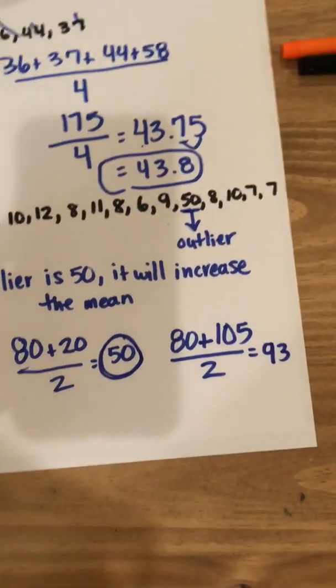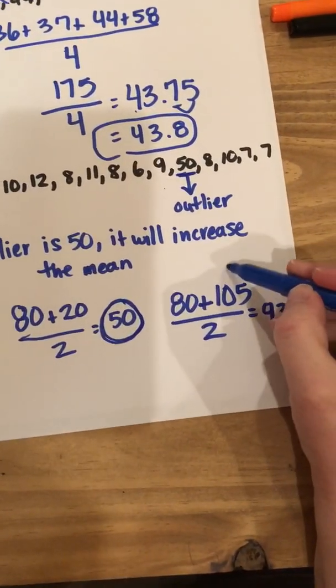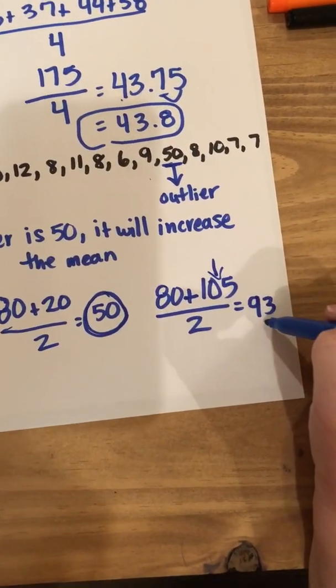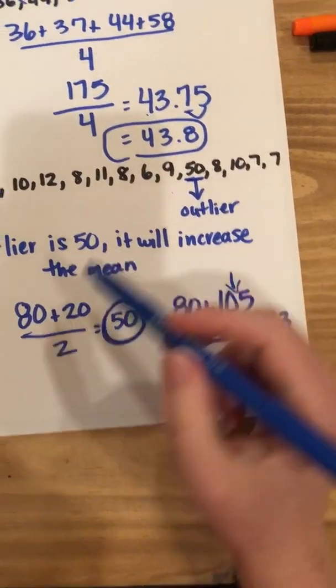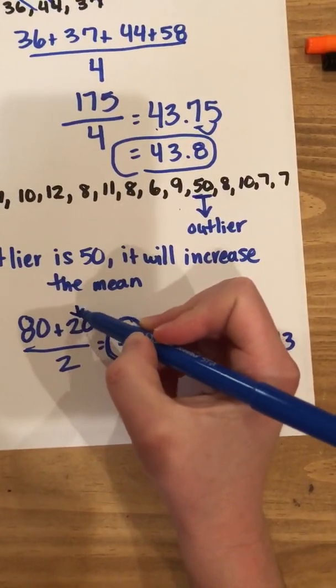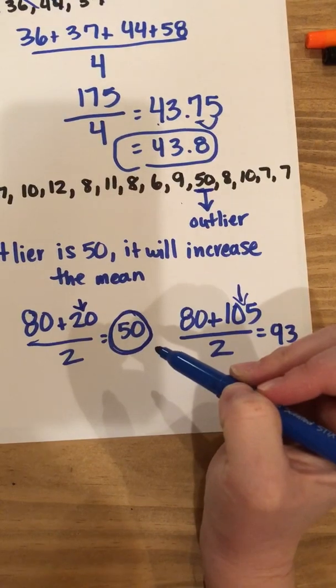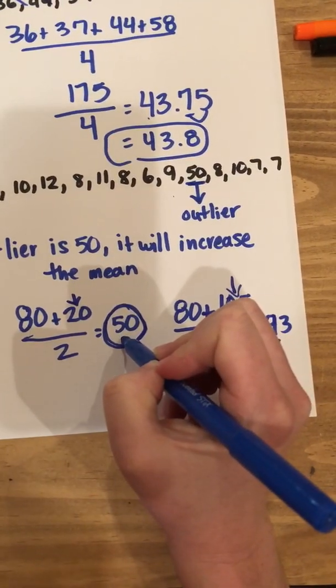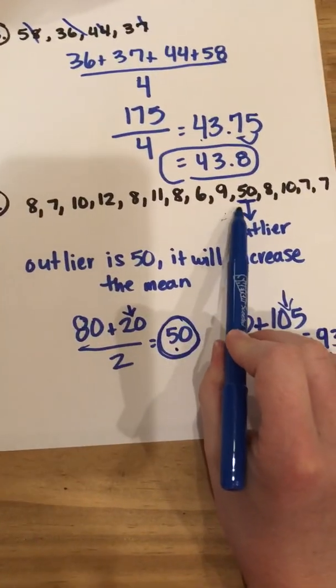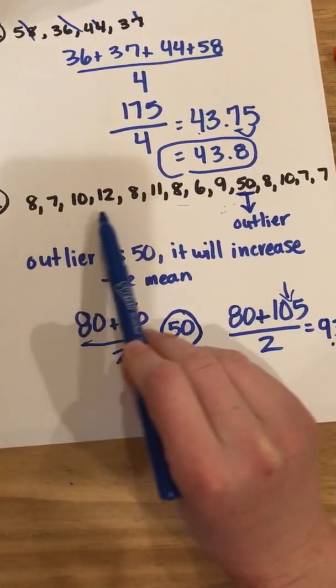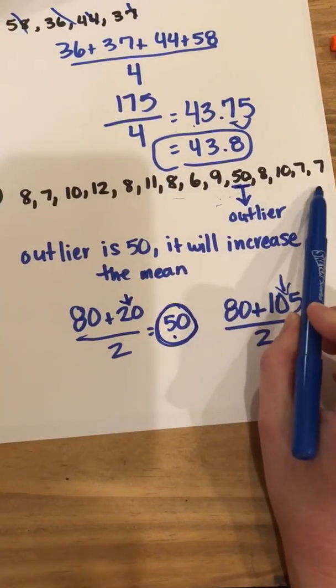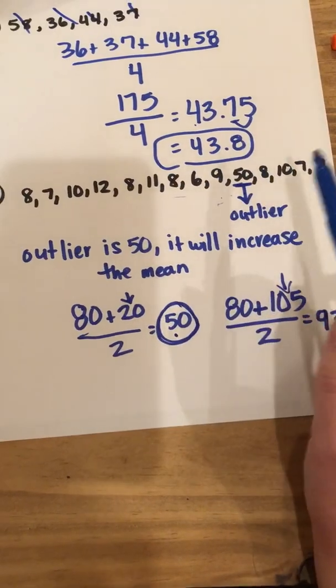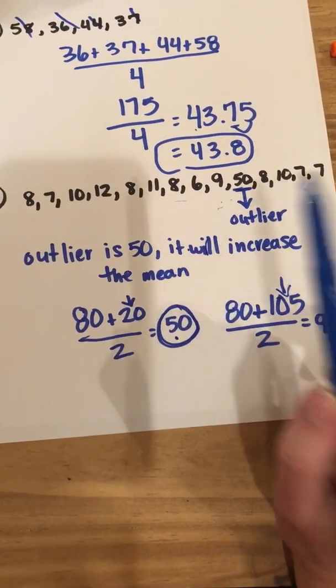So you see that the greater the outlier, it's going to increase the mean. But if I had an outlier that was much less than my mean, it is going to decrease my mean. So because 50 is greater than all of these pieces of data, 8 and 7, 12, 11, this outlier will increase the mean.